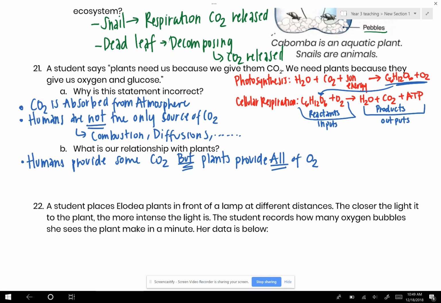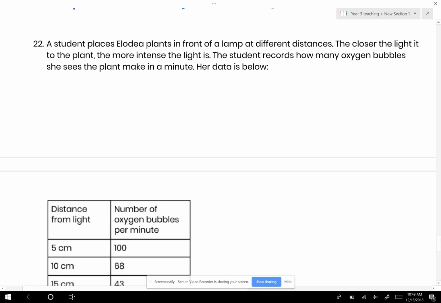So any oxygen is actually provided by plants, which is why plants are super important to have in the environment.